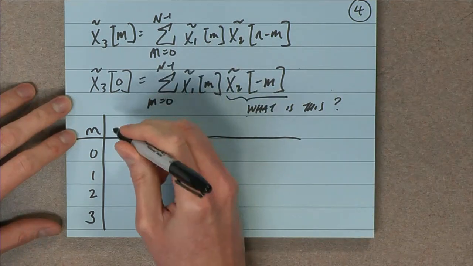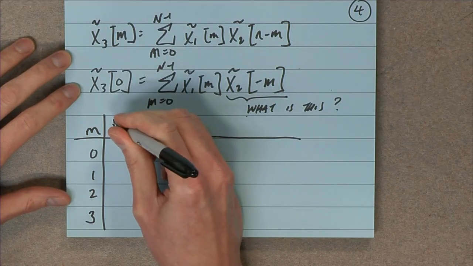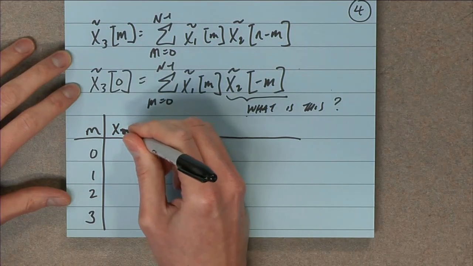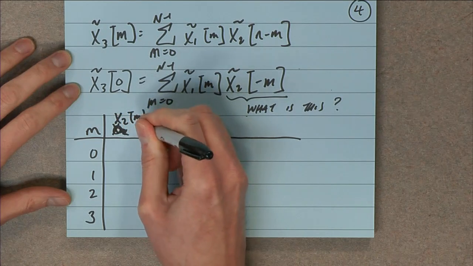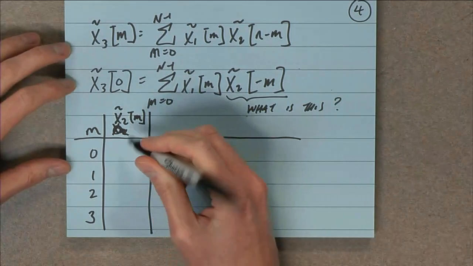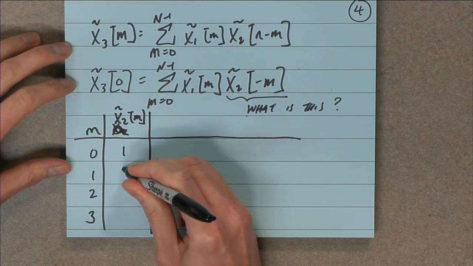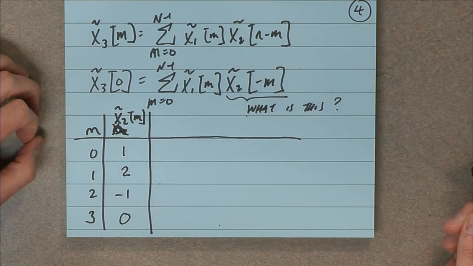We know, luckily, what x2 tilde of m is, that's given. And so we can go back to our plot and say that's 1, 2, minus 1, 0. So far, so good.